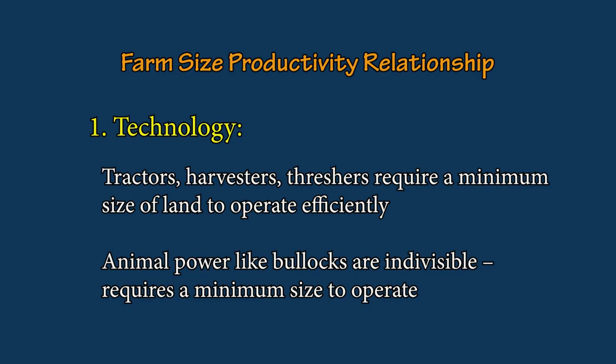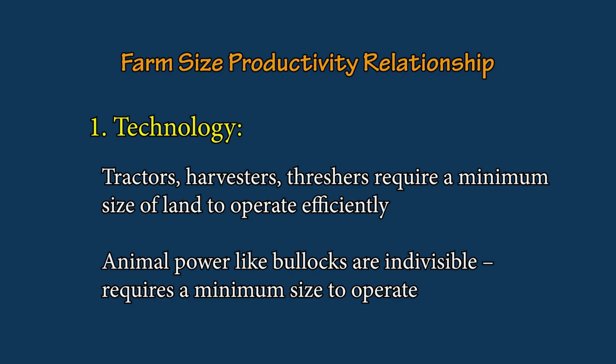As we all know, over the period, agriculture has become more and more mechanized. Now, for modern factors like tractors, harvesters, threshers, we know that they require a minimum size of land to operate efficiently. Even if we talk about traditional factors like animal power, like power of bullocks, we find that they are also indivisible.